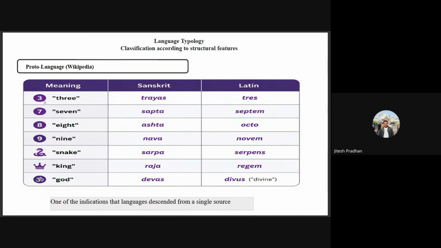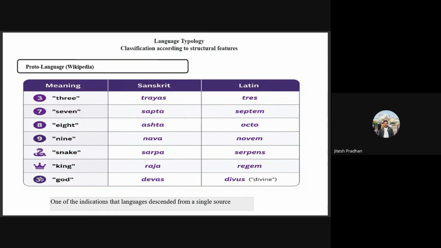Now in this case, let's say it's three. It has been written three, but its meaning is three. In Sanskrit we write it trayas. In Latin we say it tres. These are structural differences. These three are showing the same thing, representing three. In counting, it will be 1 2 3.